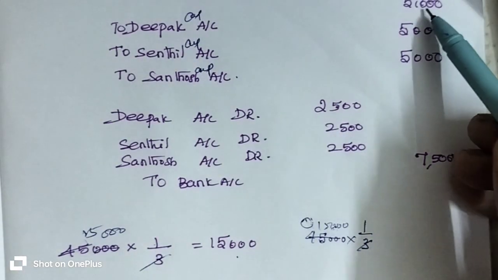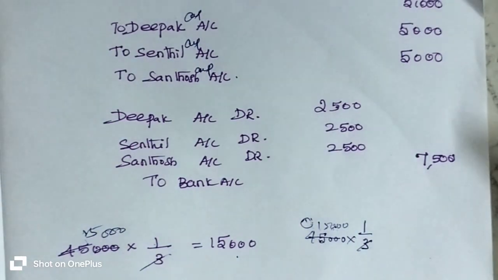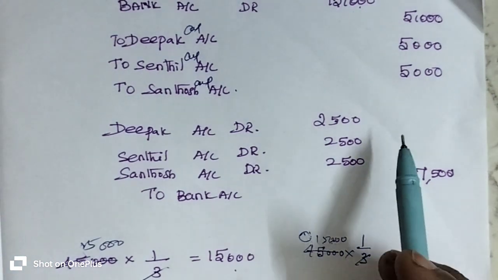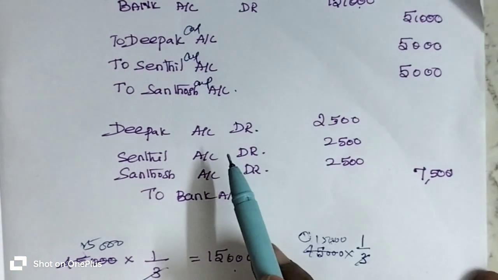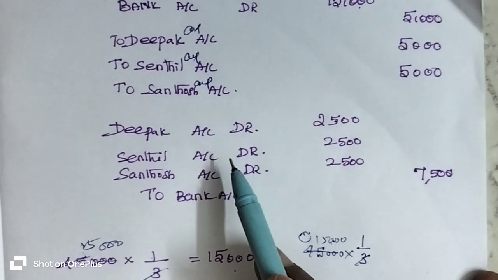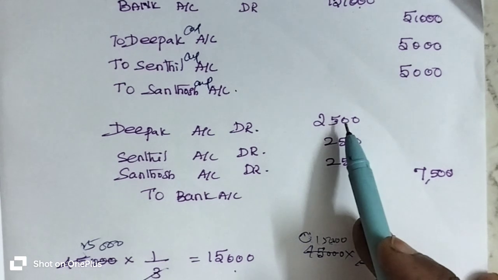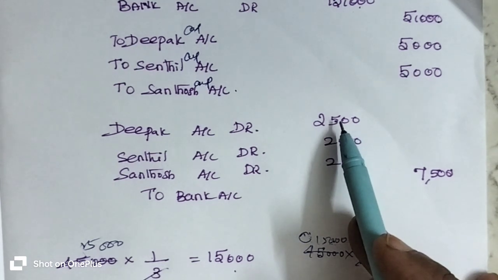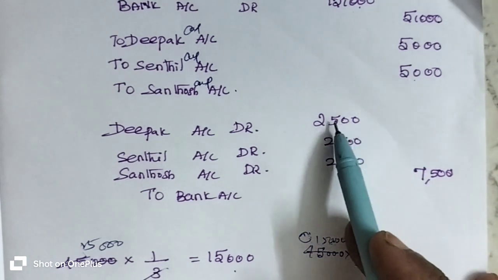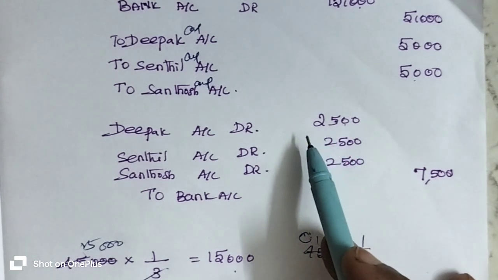The existing partner's share of goodwill is 5,000 rupees. Half of 5,000 means 5,000 divided by 2, which is 2,500 rupees.